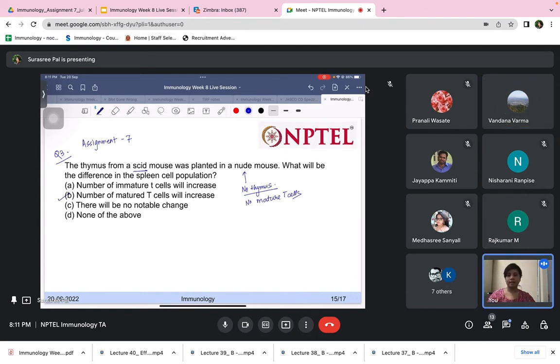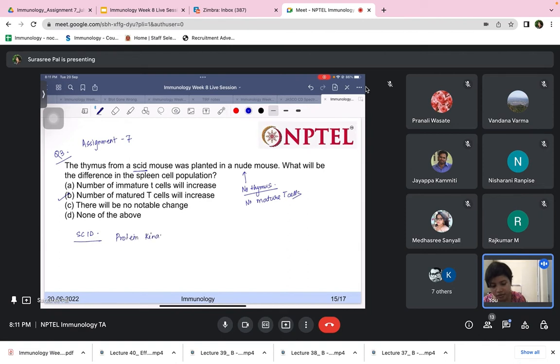And what is the reason behind that? What happens in this SCID mouse actually? It's a severe combined immunodeficiency disorder, and the deficiency lies in a protein kinase.